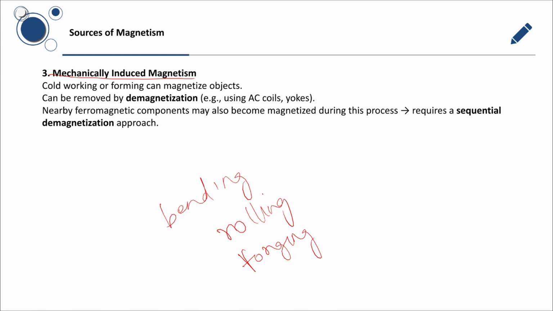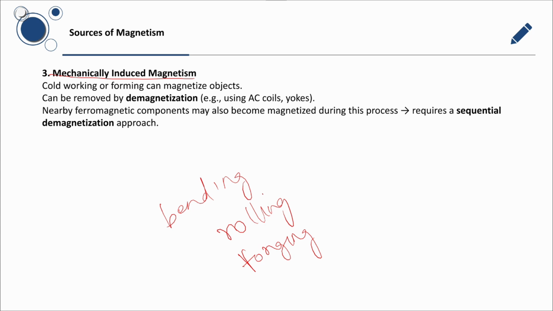This unintentional alignment creates residual magnetism in the part. When stress or deformation occurs, the atomic domains shift and align, producing a weak magnetic field.